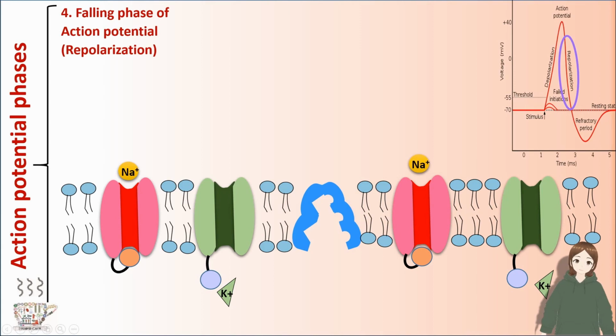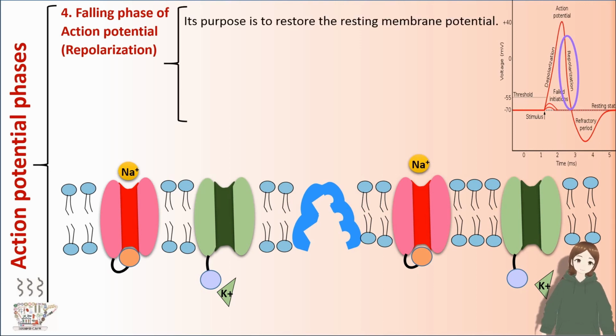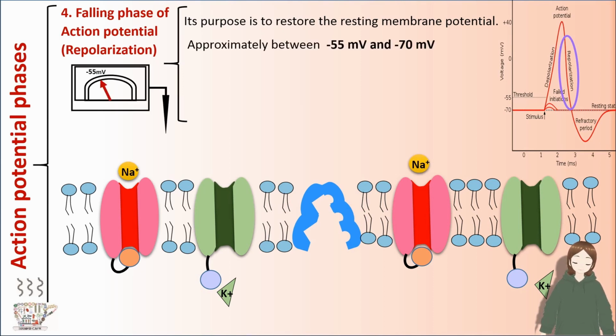The next phase is falling phase of action potential or repolarization. Its purpose is to restore the resting membrane potential. The voltage is approximately between minus 55 and minus 70 millivolt.